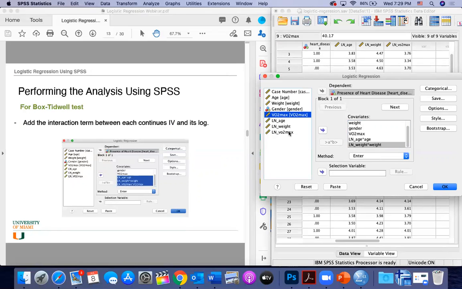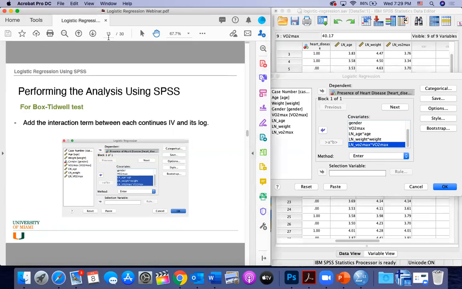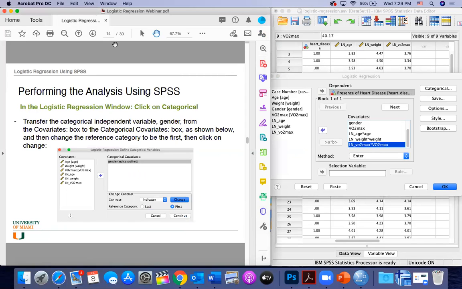And VO2 max, ln VO2 max. Are we good? Should I move? Okay, seems everyone is following. So let's go and do the next step.